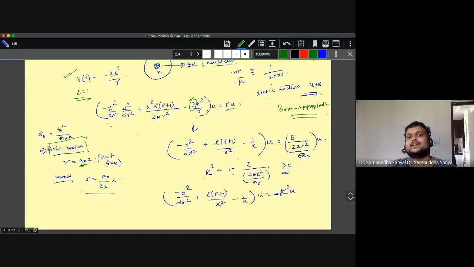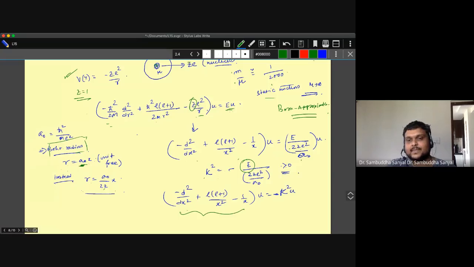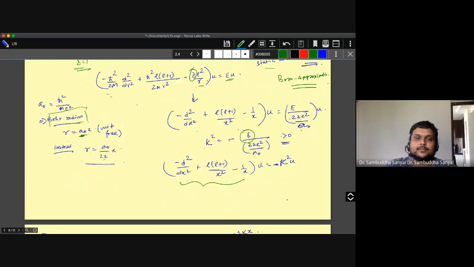So kappa square is minus E by 2z squared E squared by a naught, which is of course greater than 0 because E is less than 0 for the bound state solution. So then my full equation is basically minus d2 dx2 plus L into L plus 1 by x square minus 1 by x on this side, which is the full operator, and on this side you get kappa square. So this is basically my transformed stationary state Schrodinger equation which I must solve.